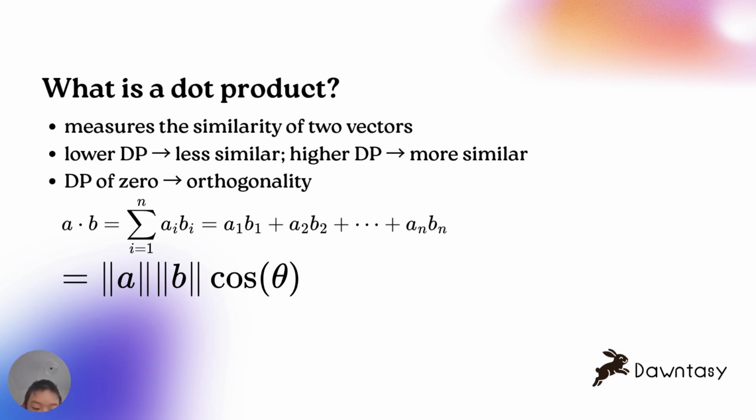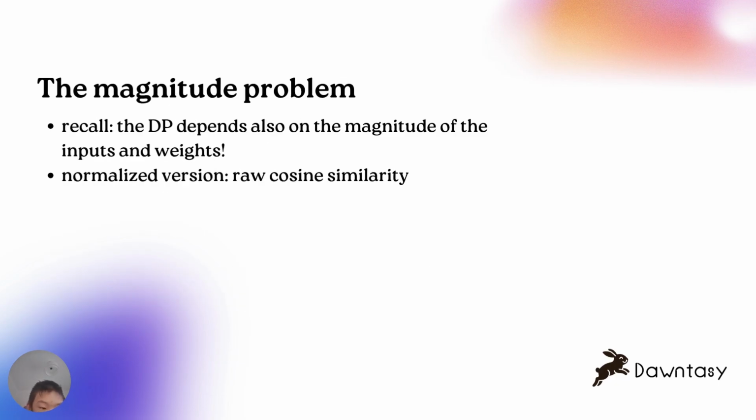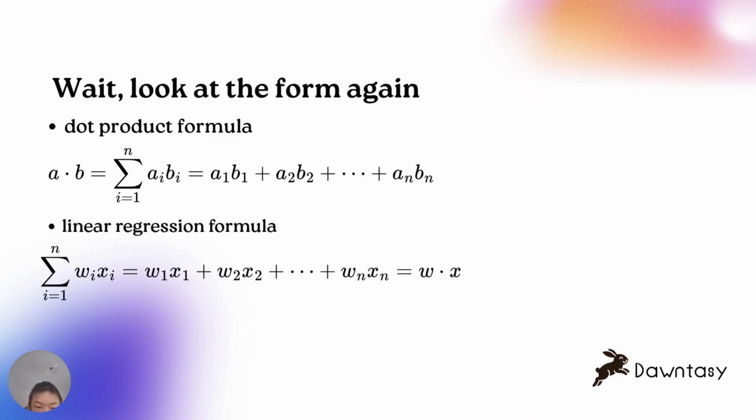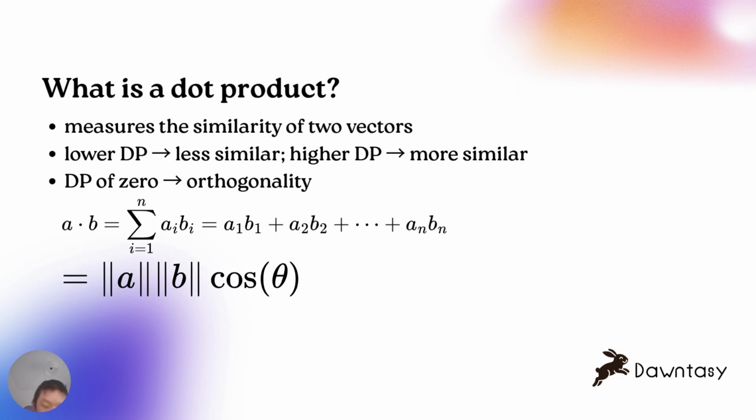So it can easily conflate that. The normalized version would be to use just raw cosine similarity, which is basically the dot product but without the magnitude terms. So if we just rearrange this, then cosine similarity equals the dot product divided by the magnitude of A times the magnitude of B.